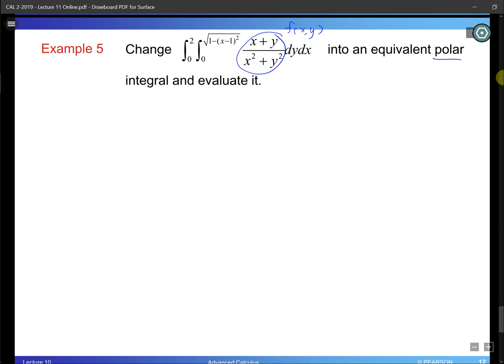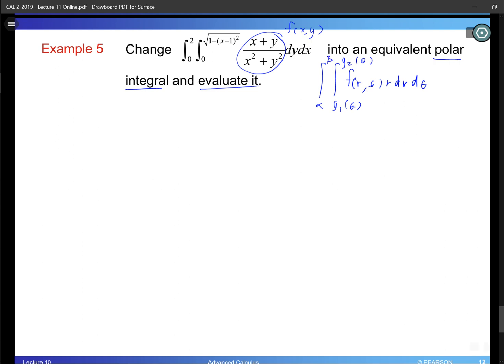Supposed to change this into polar form and then evaluate this. Okay, polar form. Once again, we are going to use this function in terms of r and theta, r d theta. Radius from g1 theta to g2 theta. Angle from alpha to beta.